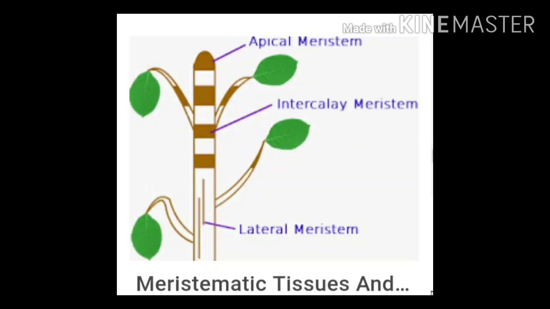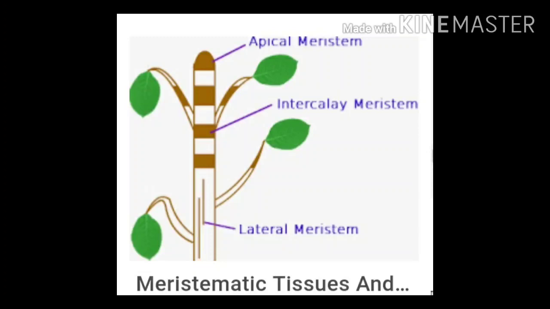Now I am going to discuss the characteristics of meristematic tissues. Clear? So the first is the cells are small. Second, the cell walls are thin. Third, the nuclei are large and conspicuous. Fourth, the cells are almost without vacuoles.